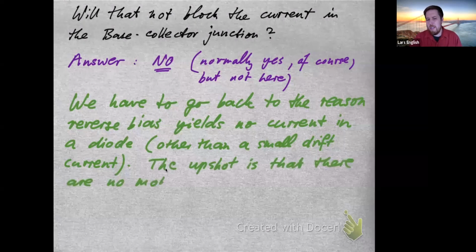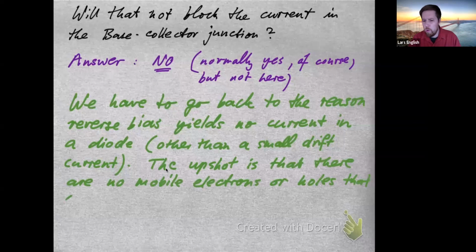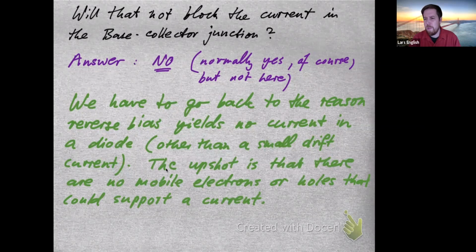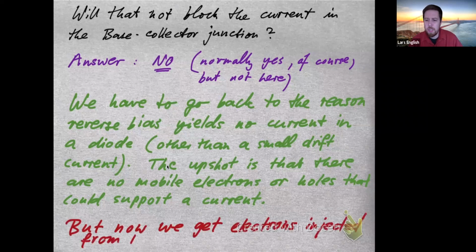We said that the upshot is that there are just no mobile electrons or holes available that could support a current in this reverse bias. Okay, so there are no conduction electrons on the P side, and there are no holes on the N side, and so there's nothing to flow. That's the normal explanation. But what's different now is that we get some electrons injected from the emitter into the base. Okay, and so that is what's different now.